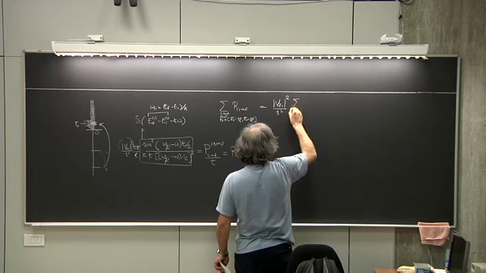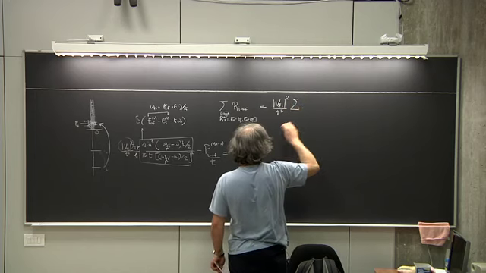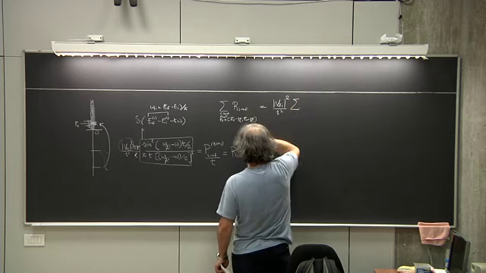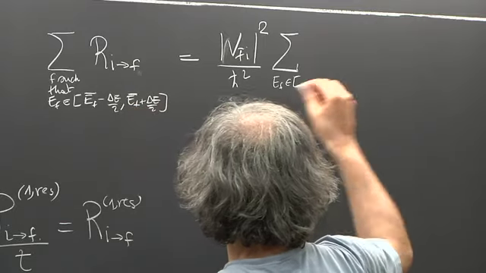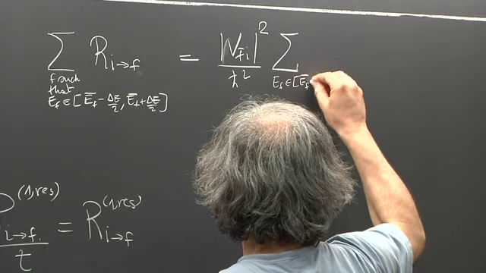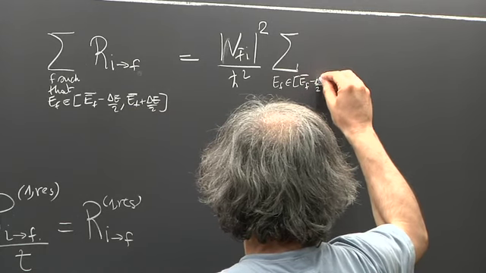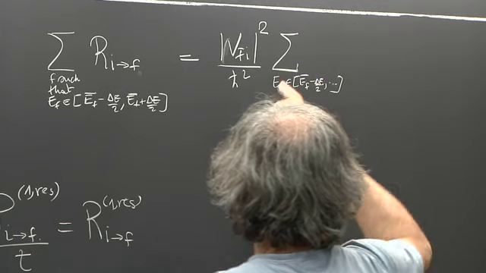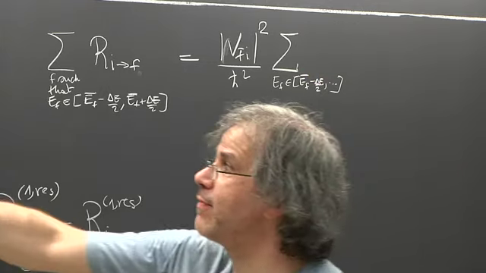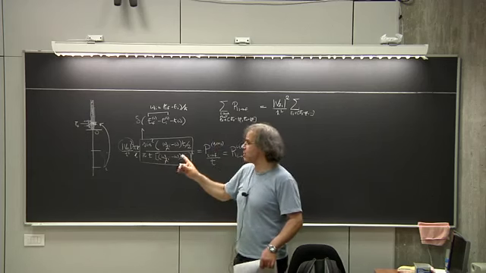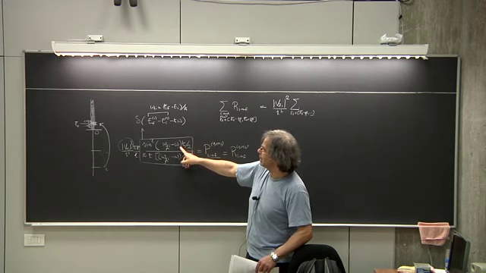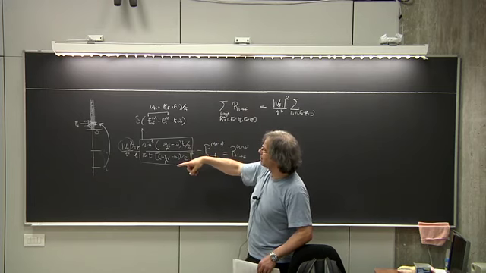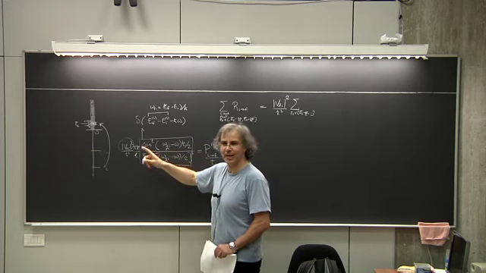And then I have to sum over all final states, such that EF belongs to this interval here, EF bar minus delta E over 2, okay? So what I am summing now is these factors. But assuming that T is very, very large, this is essentially an object that is approaching a delta function, okay?